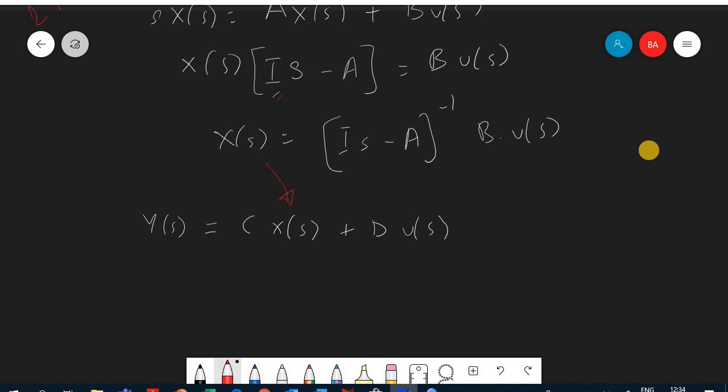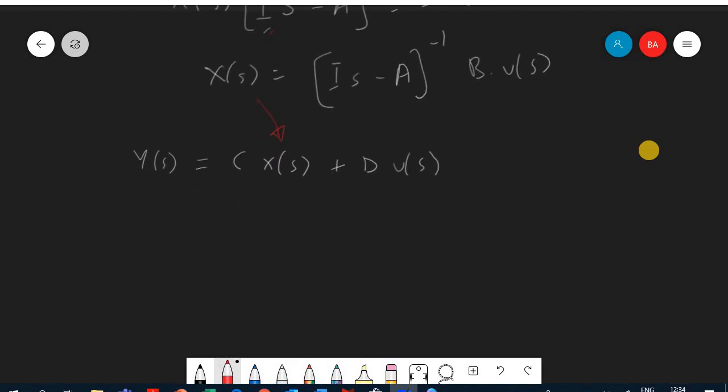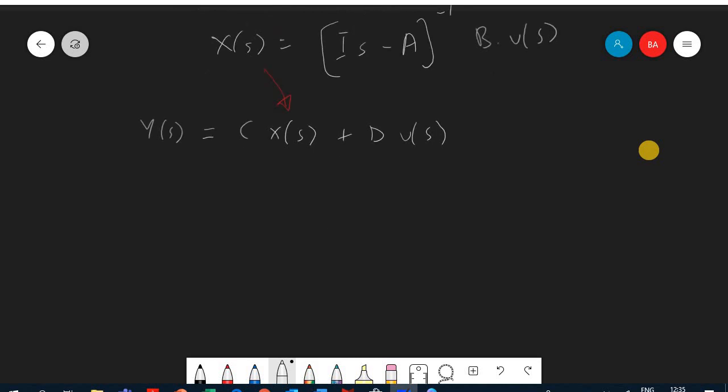I'm going to substitute x into my Y(s) so that I can find the solution of Y. In this case, I'm going to get a bigger term, and this bigger term is going to be C times (sI minus A) inverse, if you can recall, times B U(s), plus D U(s).